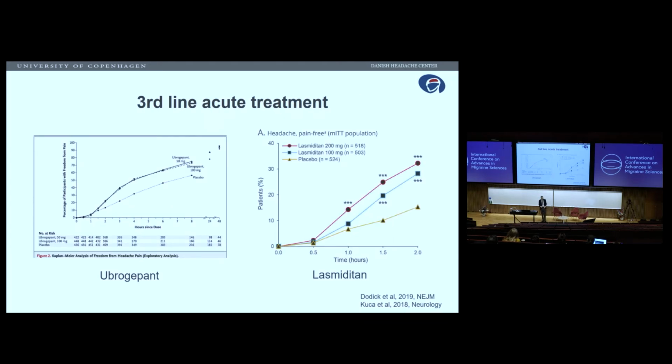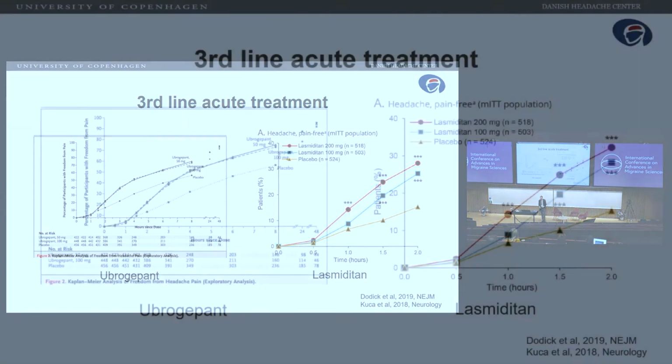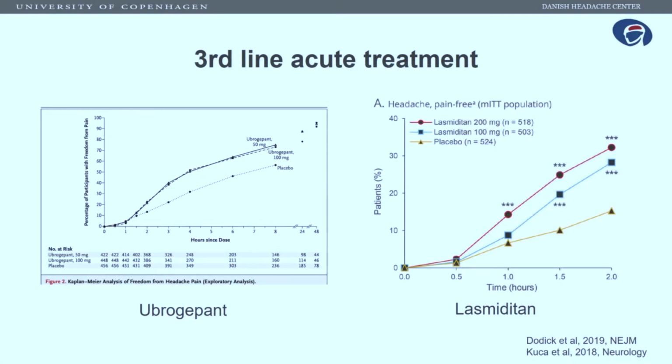So, moving on to the third line. These are some of the new drugs in acute treatment of migraine. We've heard about them the last couple of days. The gepants, the CGRP receptor antagonists, and then lasmiditan, which is a serotonin receptor 1F agonist.